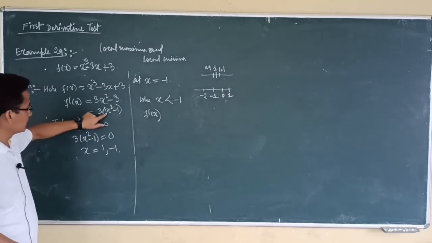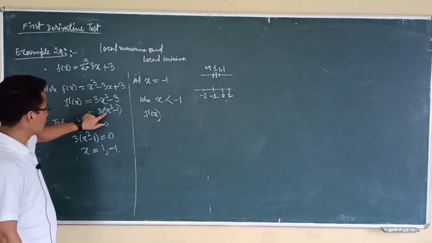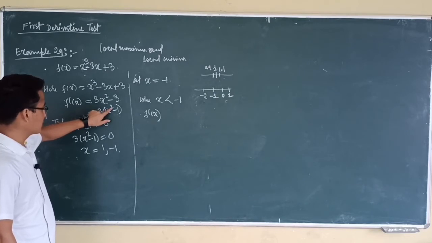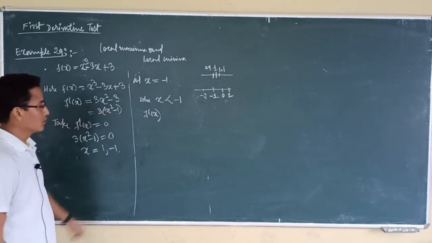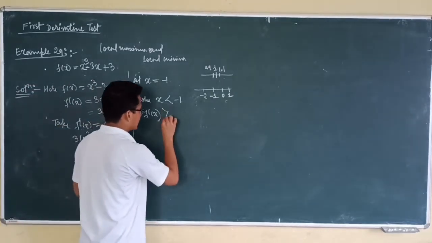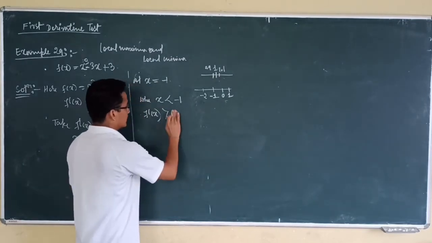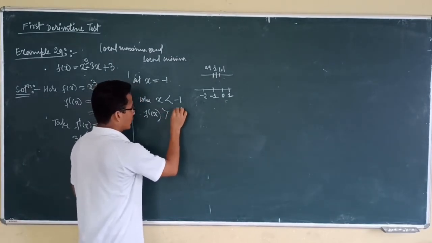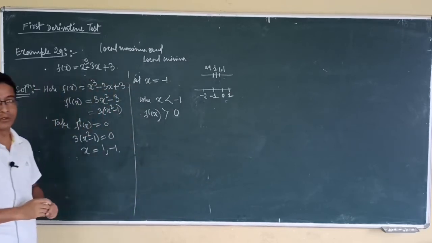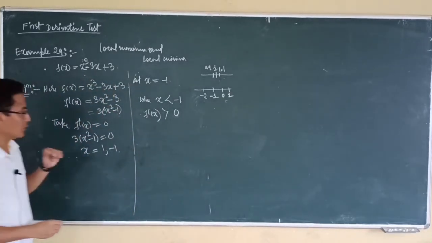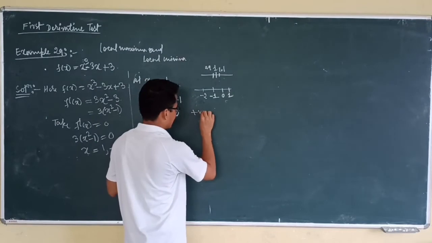If you put minus 2 here, minus 2 square is 4, minus 1, you will get a positive value, greater than 0. That is positive.